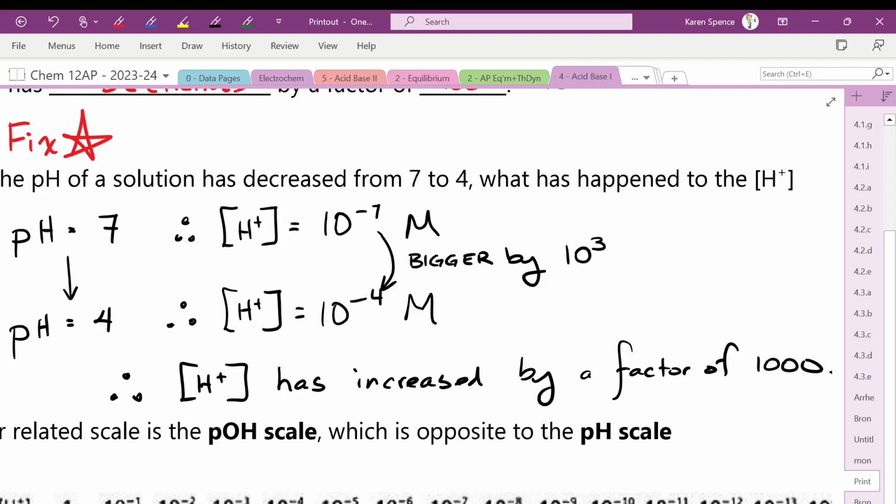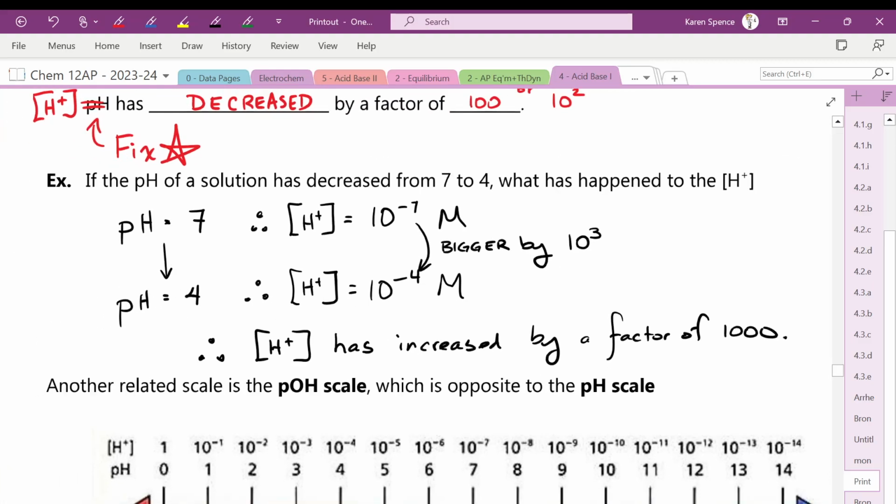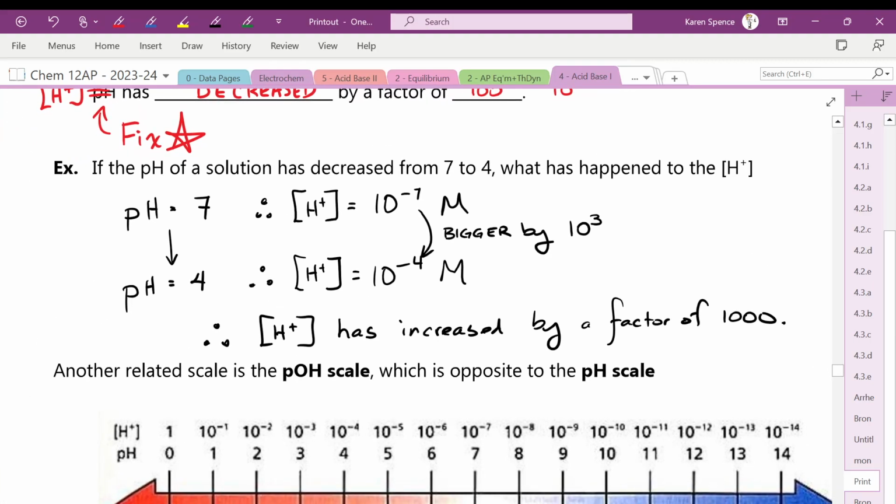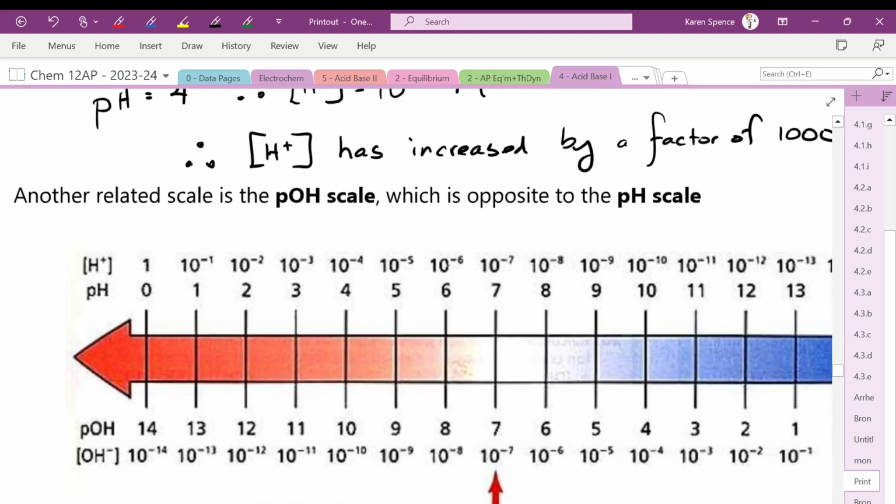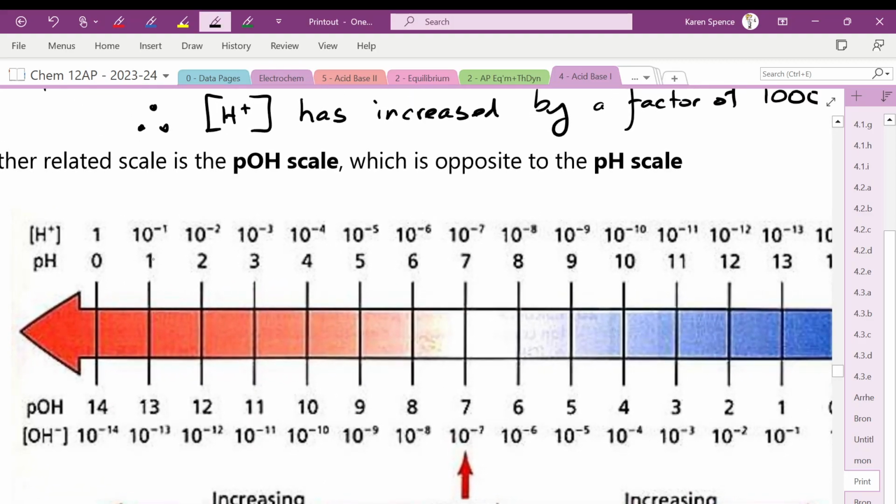Have you ever heard of the pOH scale? No. It's exactly like pH, except it is for hydroxide. So, for pH, we know that at pH 1, the concentration of hydrogen is 10 to the negative 1.